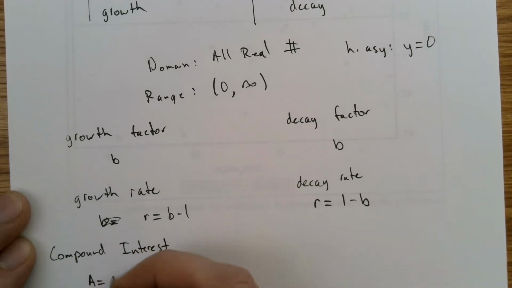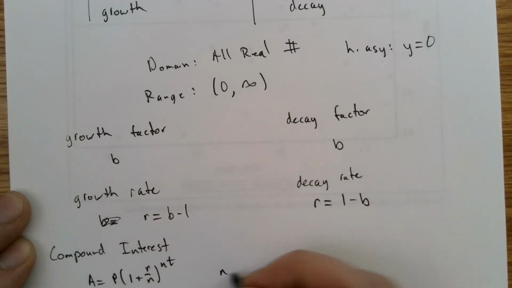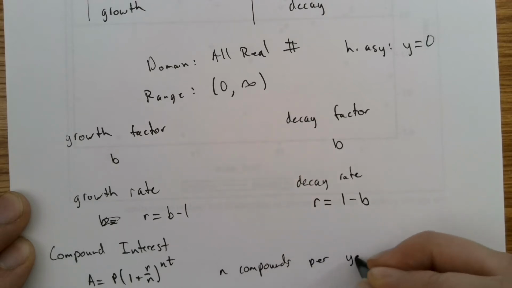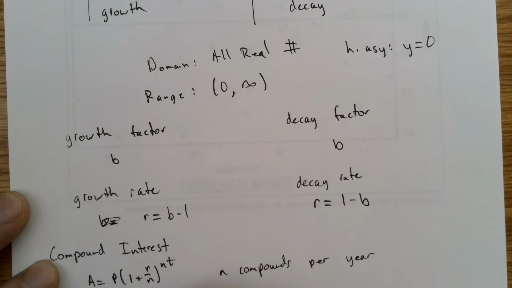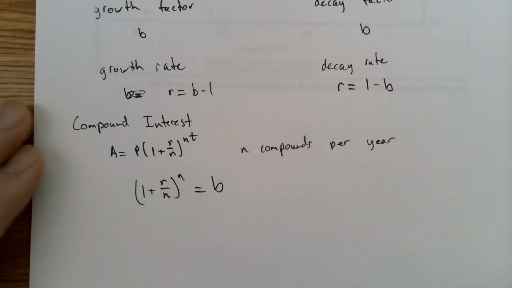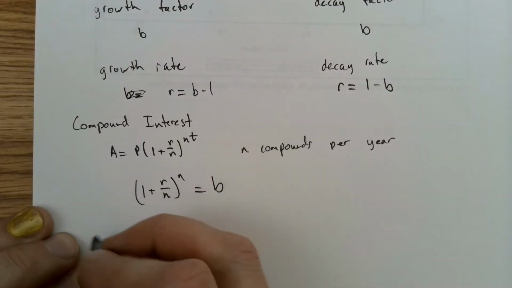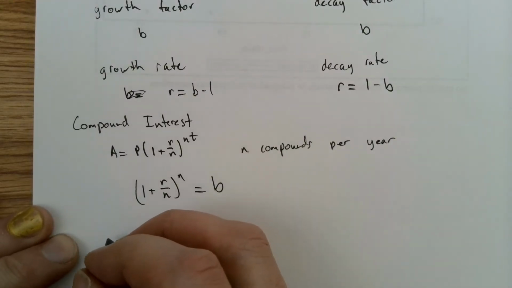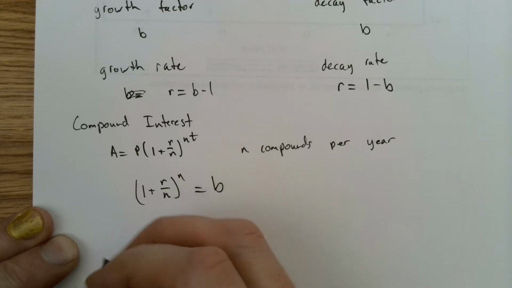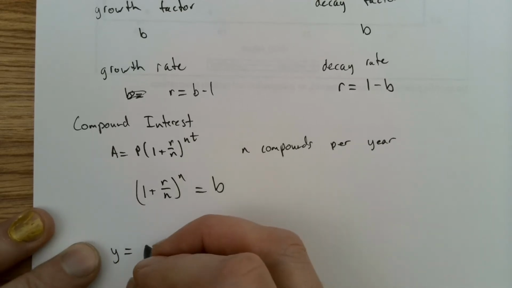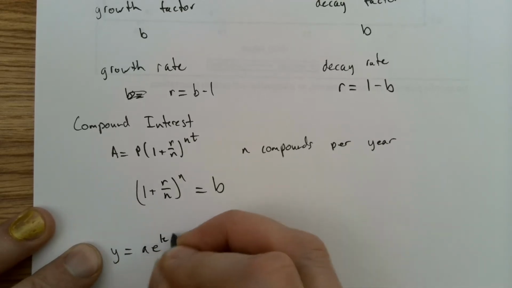And it was A equals P times (1 plus r over n) to the nt. This is for n compounds per year. And it turns out (1 plus r over n) to the n was our connection, was our b value for that growth or decay. We then noted with continuous compounds, we got the equation, let's see, the textbook gives it as this, y equals a e to the kt.